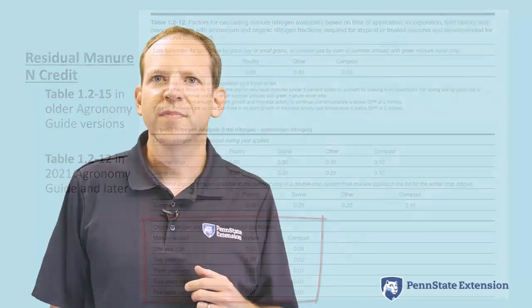and so on. Let's take a look at how we would do this calculation if, for example, dairy manure with 17 pounds organic N per 1,000 gallons was applied in each of the last 3 years at a rate of 6,000 gallons per acre.